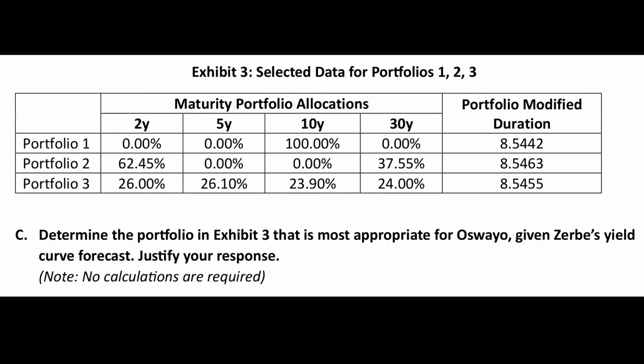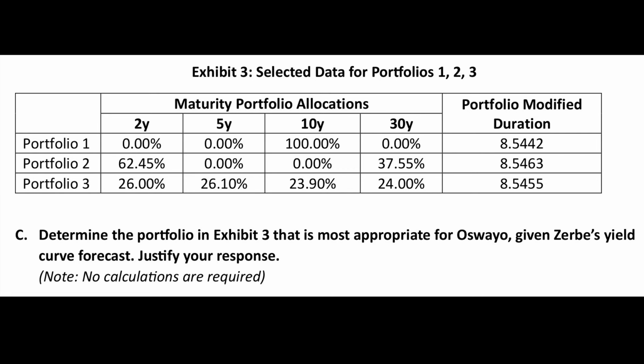Why? Because 2-year yield has a very low duration. Don't have to worry. 30-year yield has a high duration. So we have to go for portfolio 2. Okay, look at the reasoning that, and you can see in the last column, the duration of all the 3 portfolios is same. So for a parallel shift in the yield curve, all the 3 portfolios are going to give the same result. But here we have a non-parallel shift, a flattening.